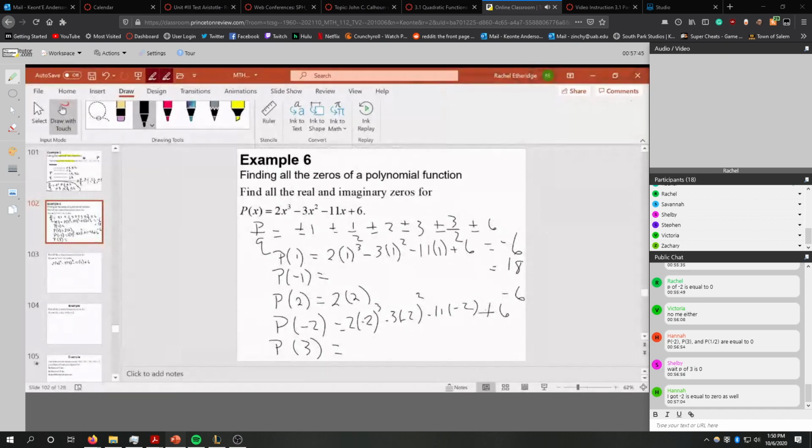I must have plugged something in wrong on my calculator a while ago, because I thought that I tried this one. Yep. -2 gave me 0.